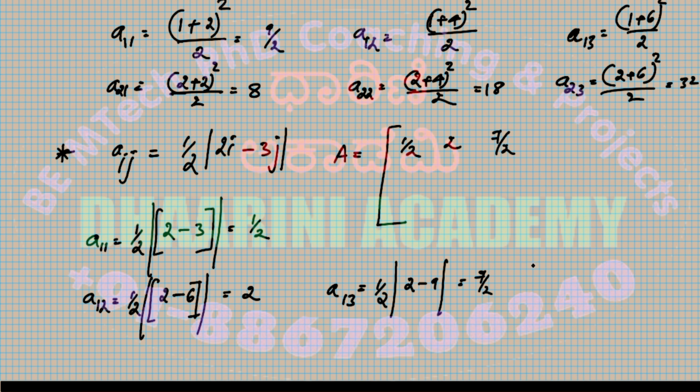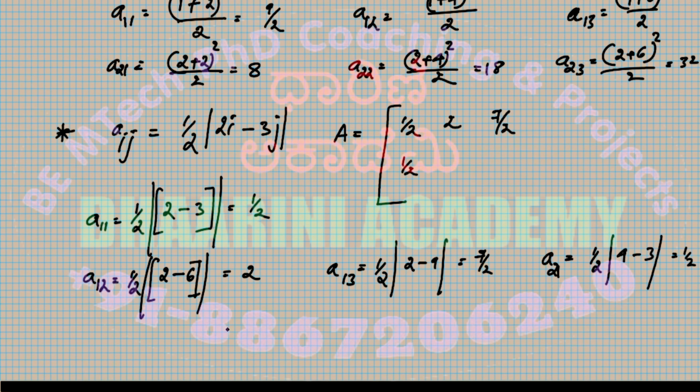That is A13. Then let's go for A21. So this is half the magnitude of 2 into 2. So that is 4 minus 3 into 1 is 3. So 4 minus 3 is plus 1. It doesn't change anything. So this is plus 1 by 2. Let's calculate the A22 here.